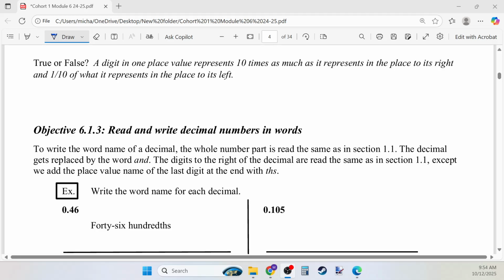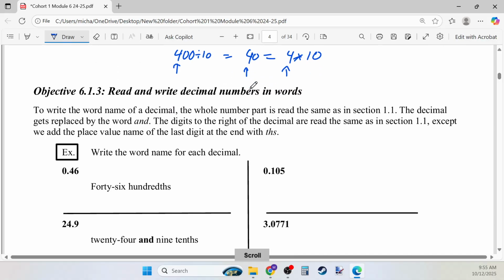Yes. So, for instance, 40 represents 4 times 10. This is in the ones place, and this is in the tens place. But it also represents 400 divided by 10.